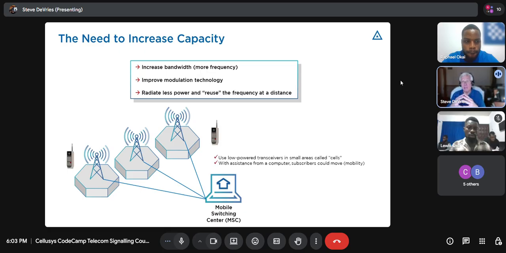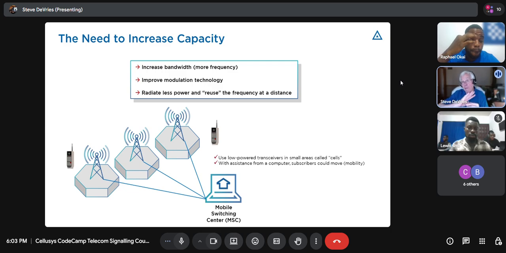Now, how big are these cells? It depends. If you have cells in an area like a shopping mall where people are walking, they can be very small cells, maybe 10, 20 meters in diameter.